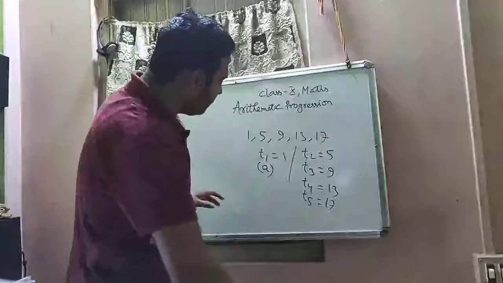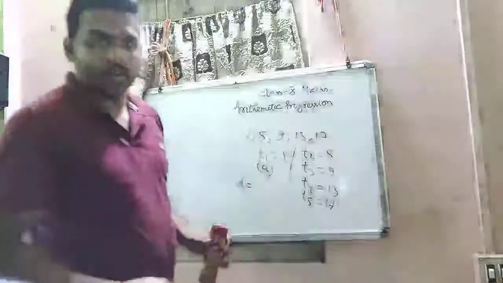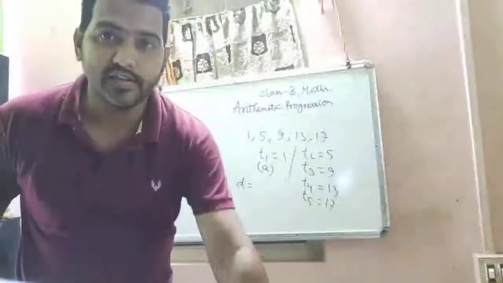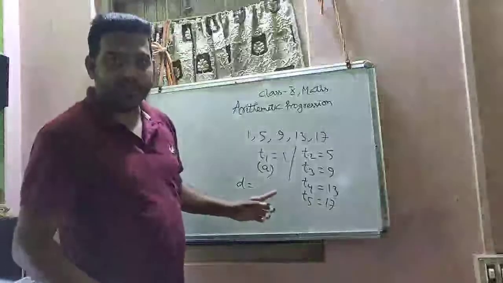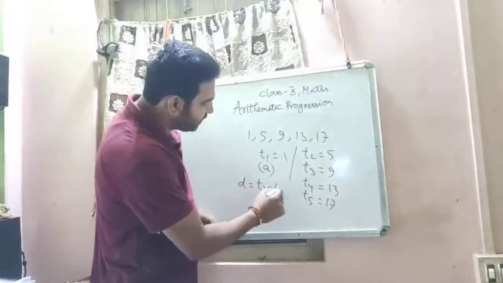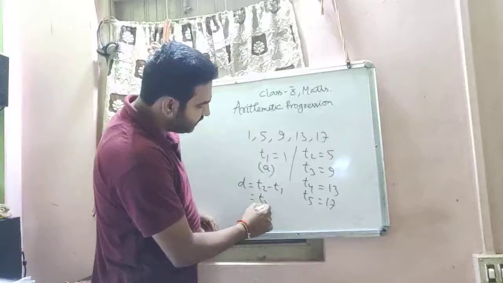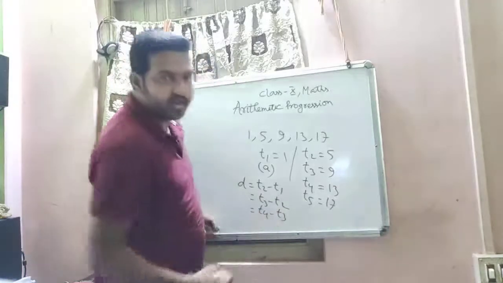So how to find the common difference, as the numbers are already in AP? The common difference is D. How to find? T2 minus T1, or you can write T3 minus T2, or T4 minus T3, like this.